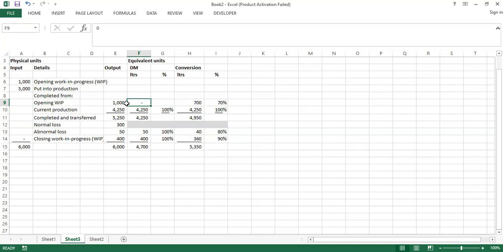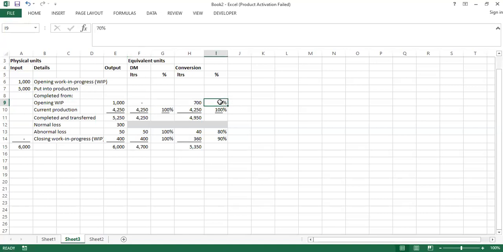So this we did last year. What I want to correct is on this portion here. Our opening work in progress is at 70%, which means 70% to completion. They worked through this last month up to 70%, so what we need to incorporate this particular month is only 30%. So the mistake there was on the 70%.